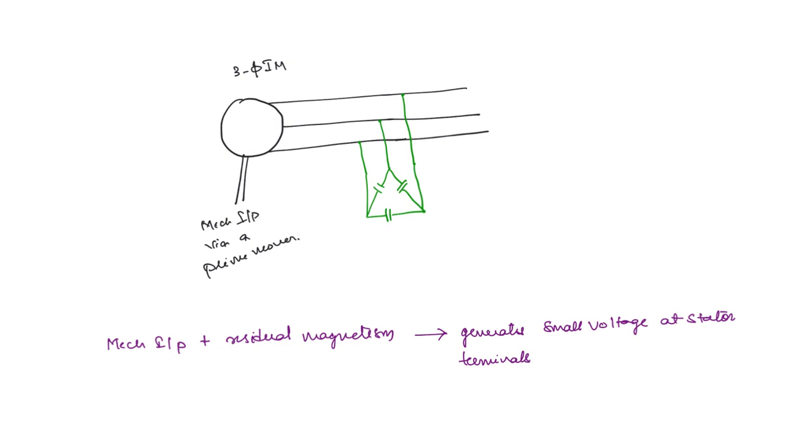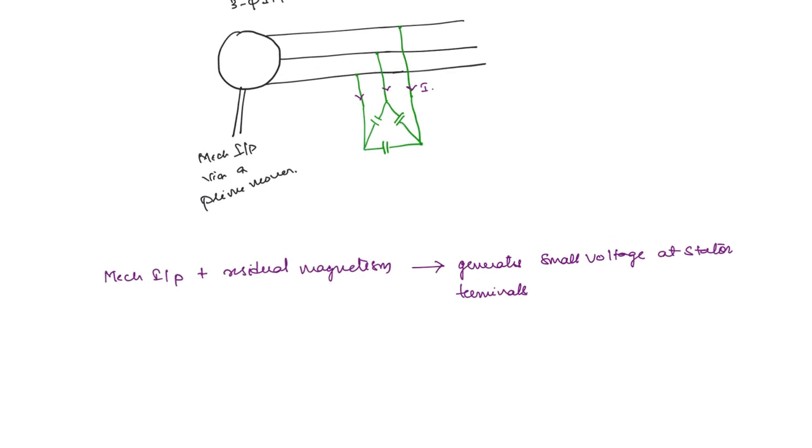Now this generated voltage, what will it do? It will give the capacitor bank some current flow. Once the current flows, the capacitor will start charging. So there will be a voltage accumulation at the capacitor, and the total voltage in the loop will be increased. So you can write: the small voltage generated at the stator terminals will increase current flow to capacitors, which will further increase the voltage.